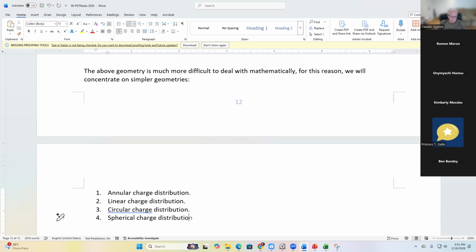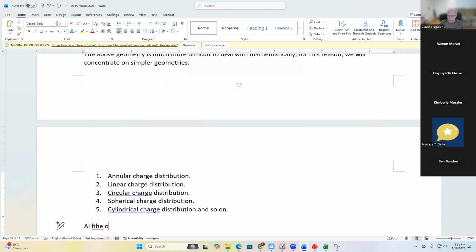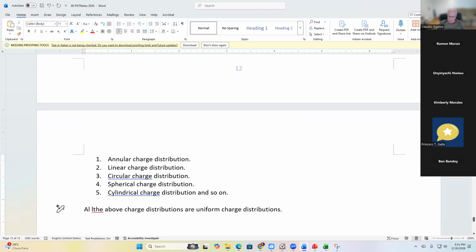Okay. Cylindrical charge distribution, and so on. All the above charge distributions are uniform charge distributions. Okay, and then we can stop here right now.